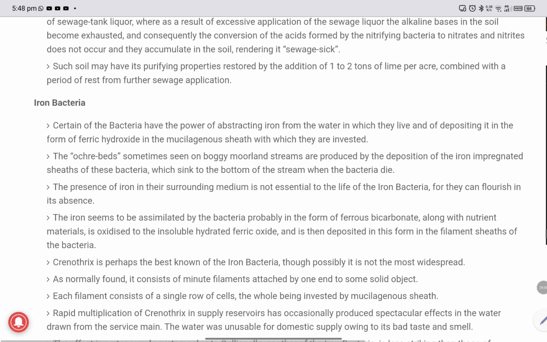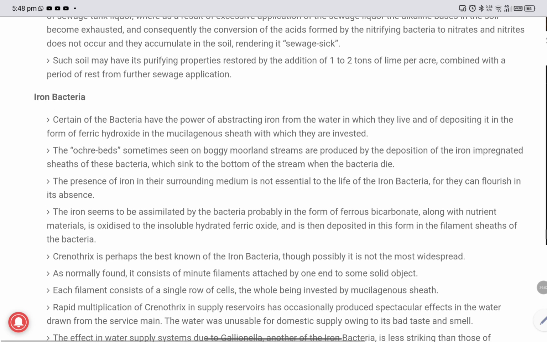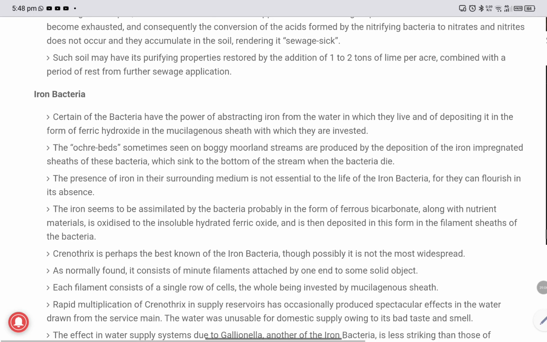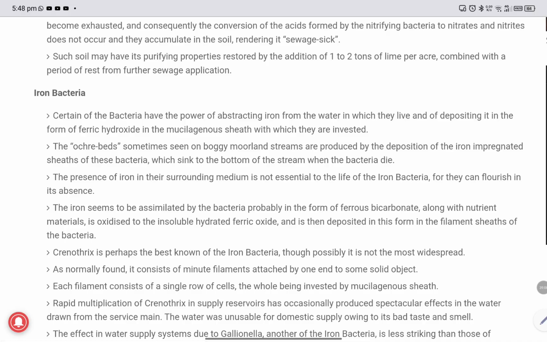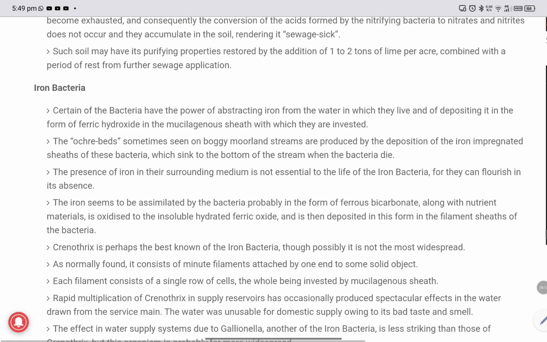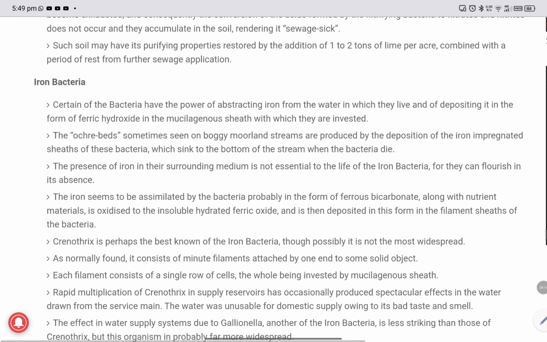Such soil may have its purifying properties restored by the addition of 1 to 2 tons of lime per acre, combined with a period of rest from further sewage application.